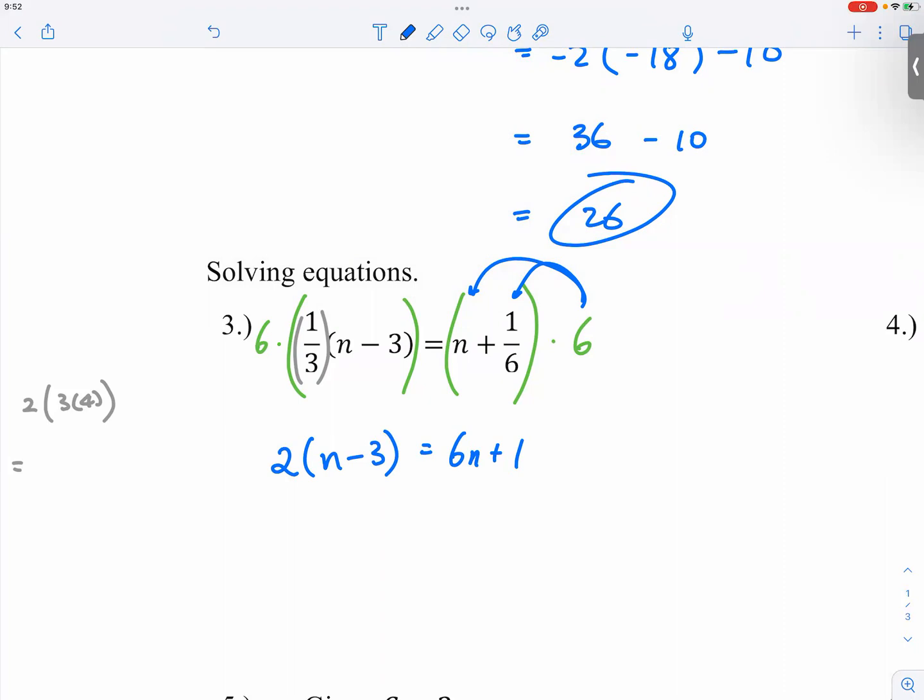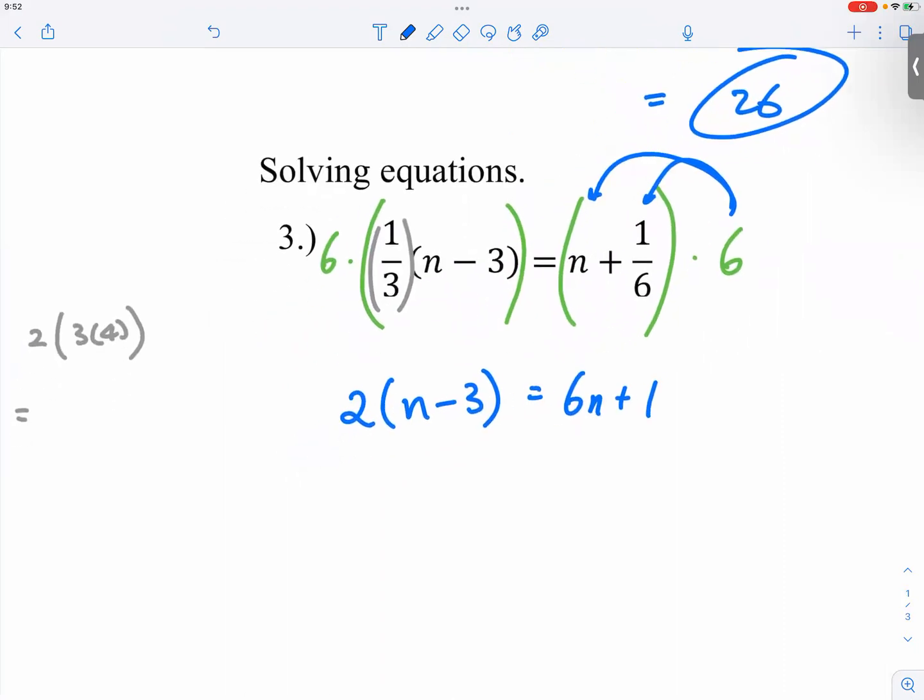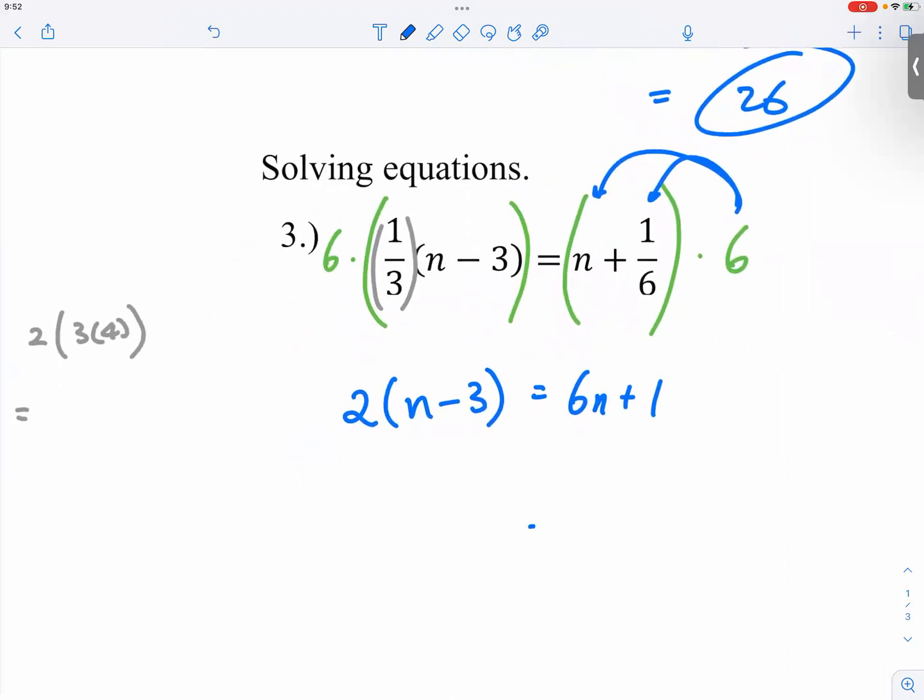Is this a much lovelier question to handle? You don't have fractions anymore, right? So we have 2n minus 6 and 6n plus 1. I'm going to give you 20 seconds to wrap this up, okay? 20 seconds.